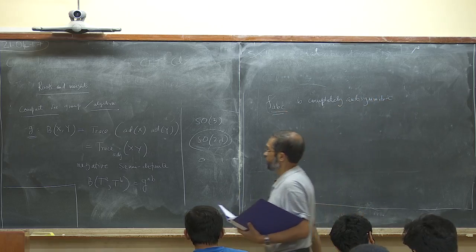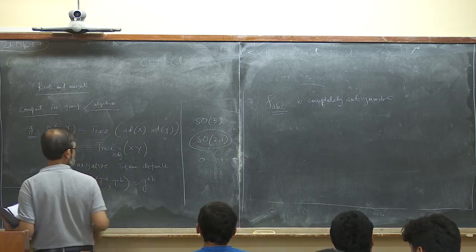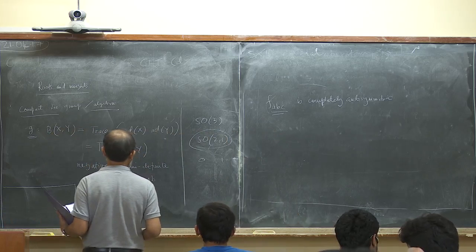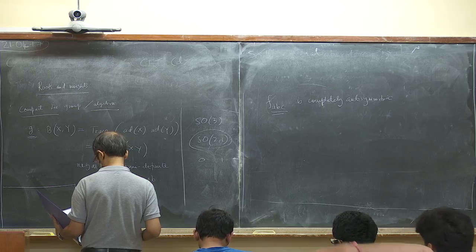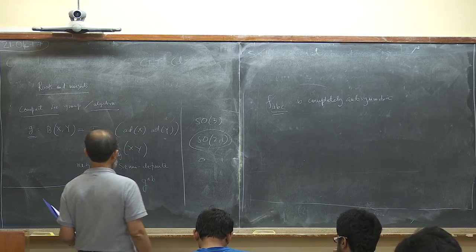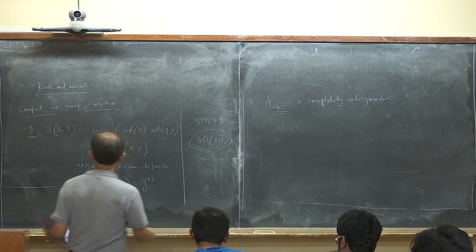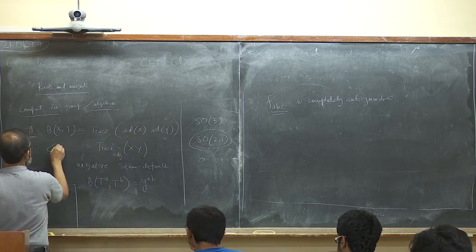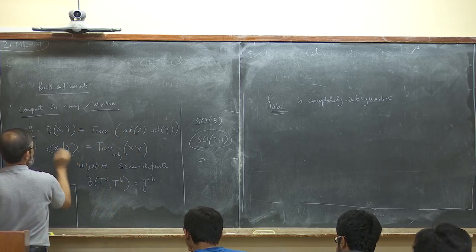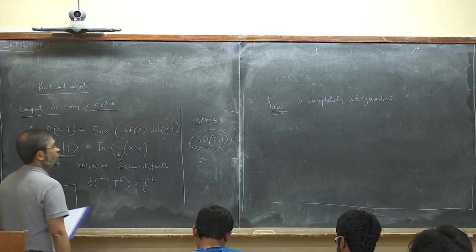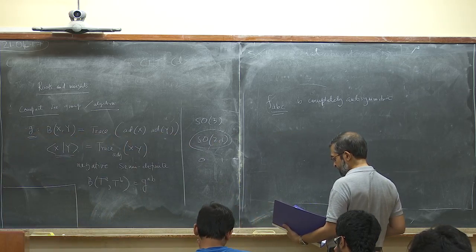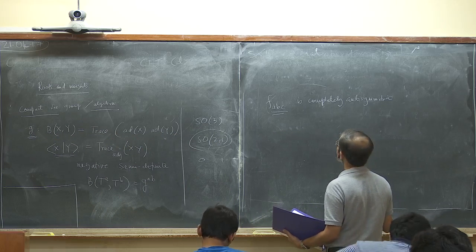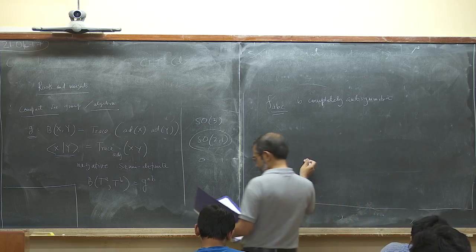The existence of a negative semi-definite inner product, which I will call (x, y), will imply for me that f_ABC is completely antisymmetric. How does it work?